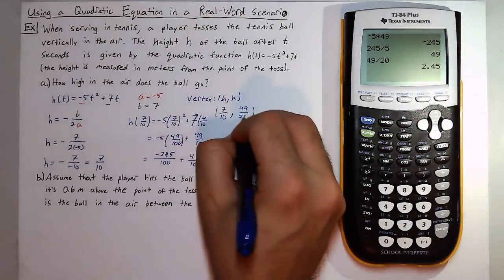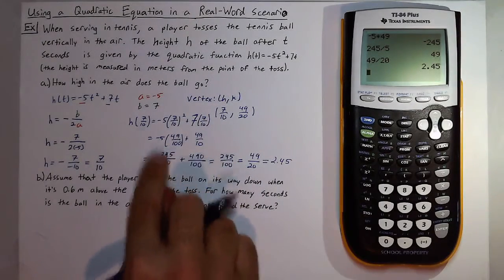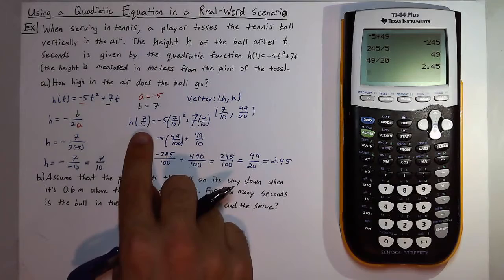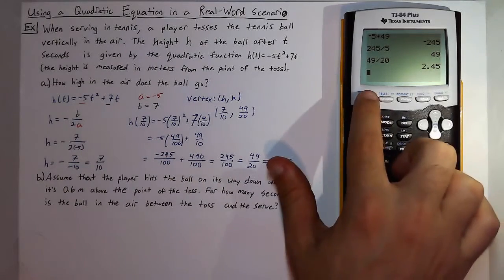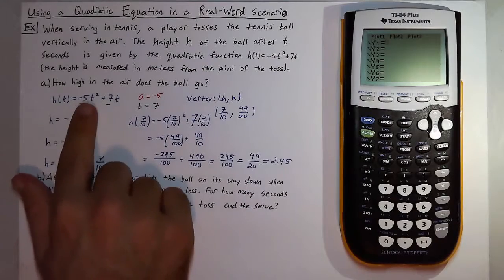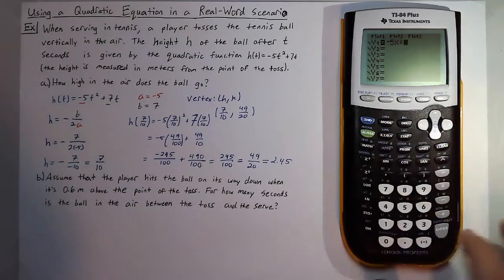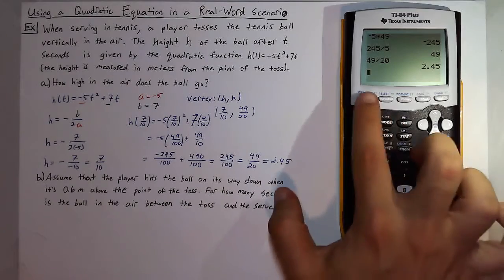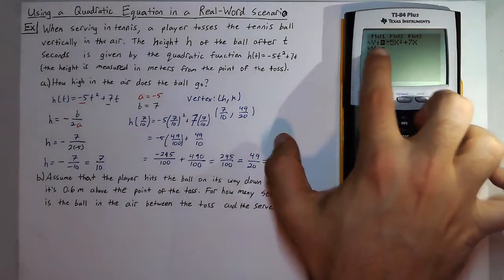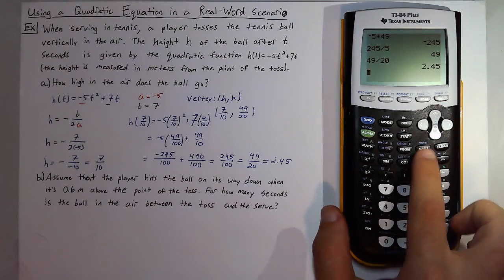Now, that was some tough math there, but I actually want to show you a feature in the calculator that can make inputting values a little bit easier. If I were to input this expression into y equals, now I need to put it as x instead of t, but that's okay. So -5x squared plus 7x. If I do second mode, I can bring up that y1 variable by hitting vars, which stands for variables.